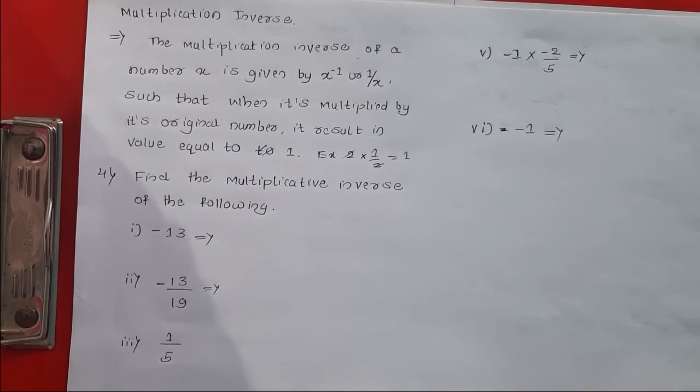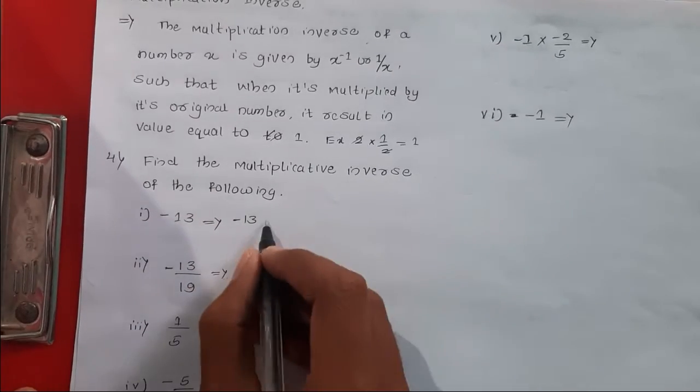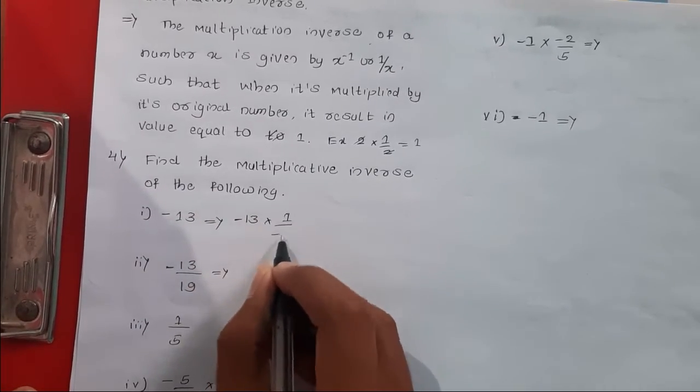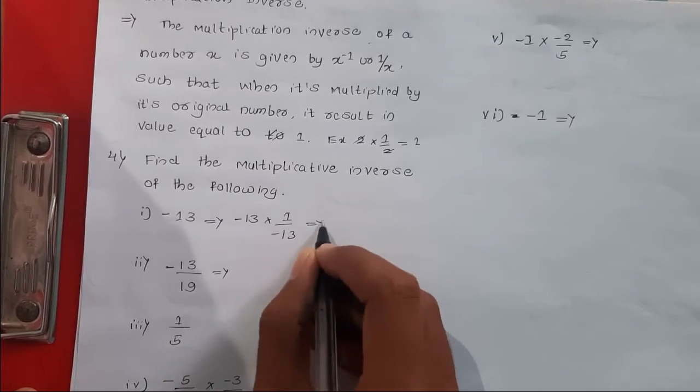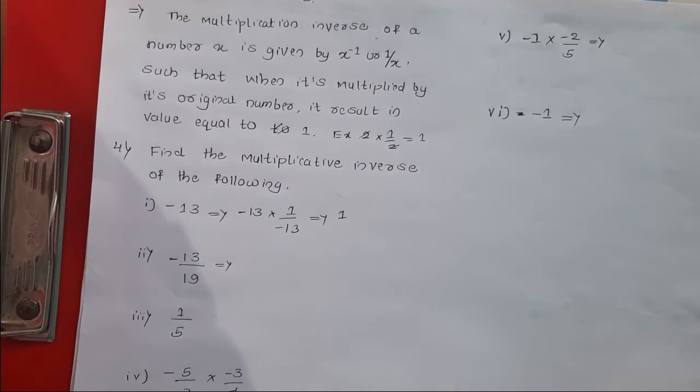The resultant answer must be equal to 1. Here given minus 13 into minus 1 by 13, that's equal to 1. Minus gets cancelled, the 13 also gets cancelled, equal to 1.